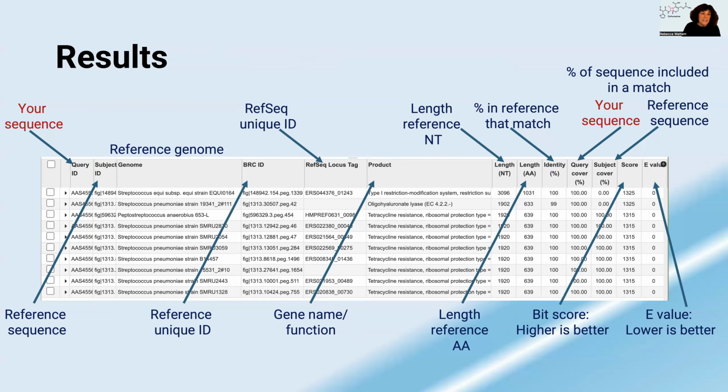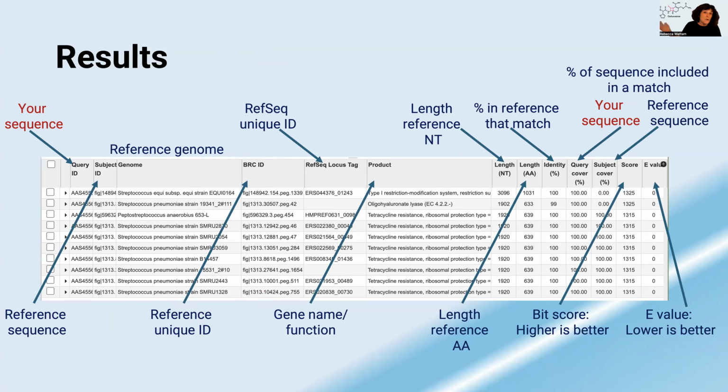The query ID is your sequence. The subject ID is the sequence in the reference database that matched your data. That sequence was in a reference genome that you see in that column. In BV-BRC, that sequence has a unique identifier that you see here.